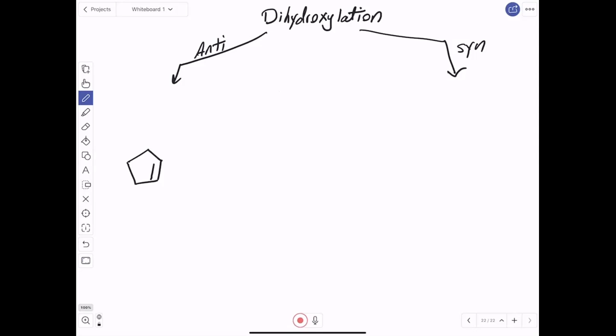For example, here, with anti-dihydroxylation, the product will be a trans diol.